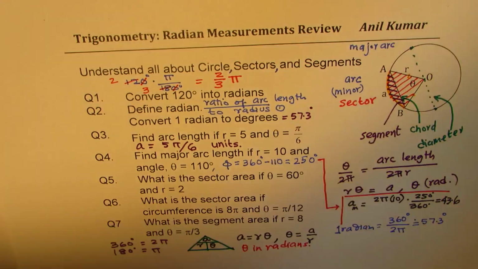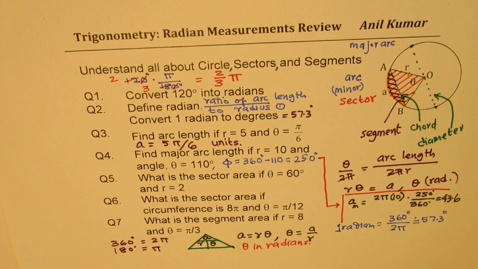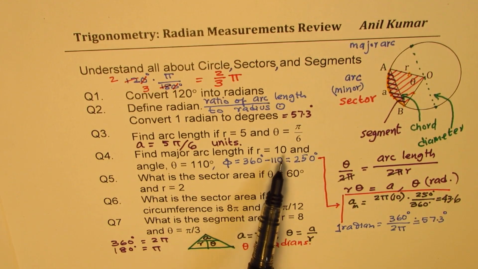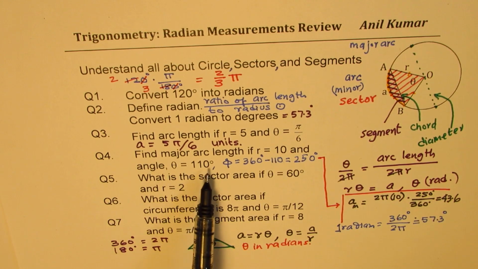And the units will be units of radius. So that is how you could actually find the major arc length. So you can find 2 pi r, which is the circumference, and then the ratio to the angle over 360 to find this answer. So I hope that is clear.